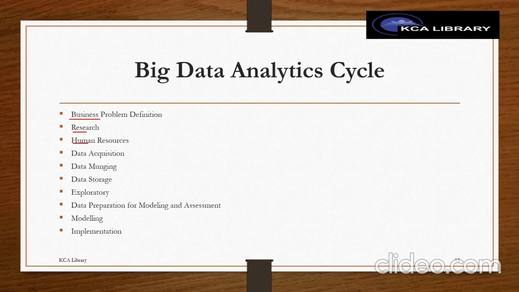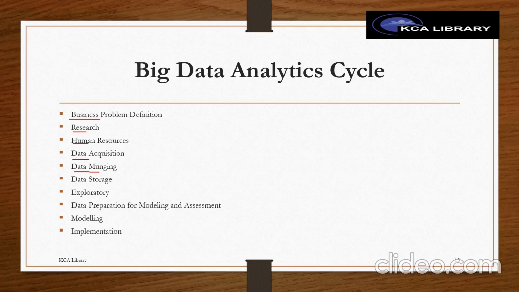Then we have data acquisition. This is the key stage where the big data cycle defines which type of profile would be needed to deliver a resultant data product. Then we have what we call data mining.